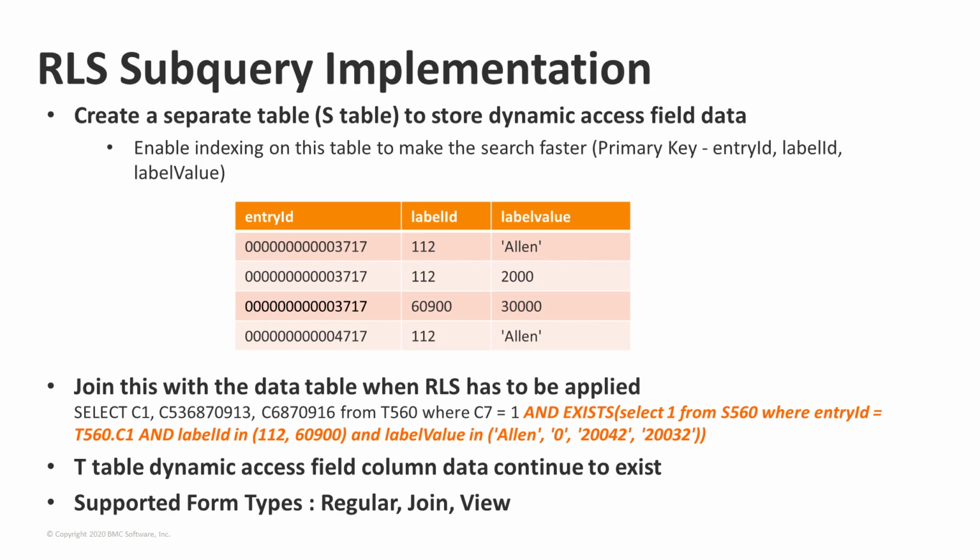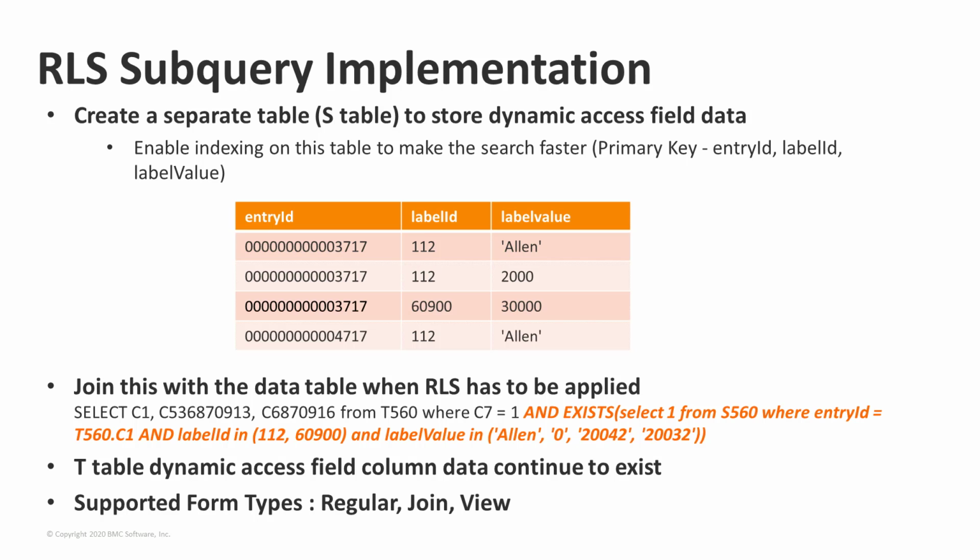This row also has entry ID and label ID, or a field ID, column which indicates from which entry and which field the value is coming from in the T table. There is a primary key index involving all three columns on the new S table, which helps to make the search faster. The query to evaluate RLS using this implementation is shown on the screen.